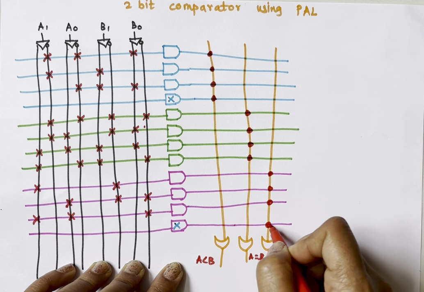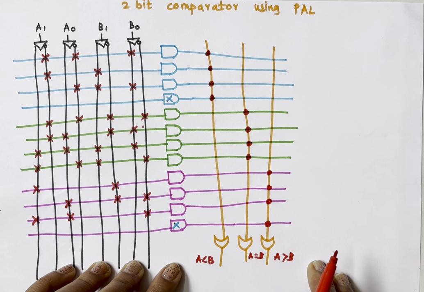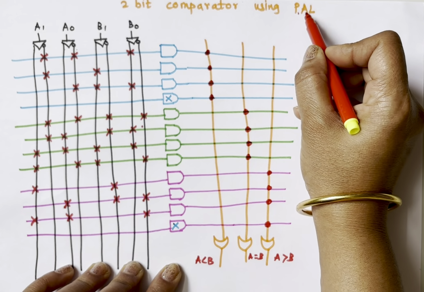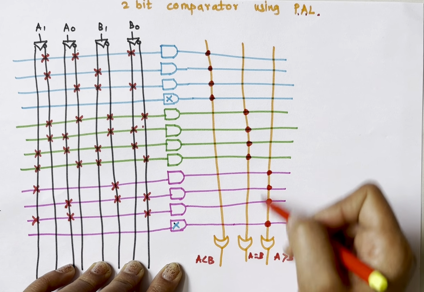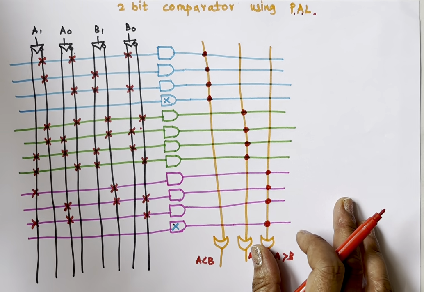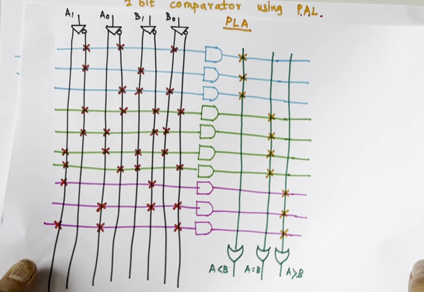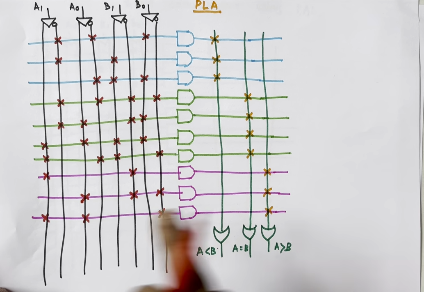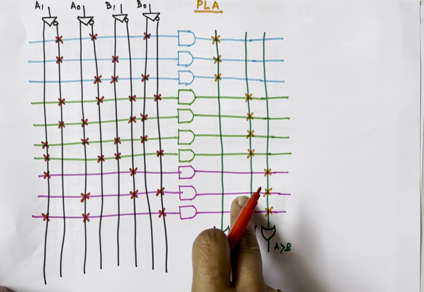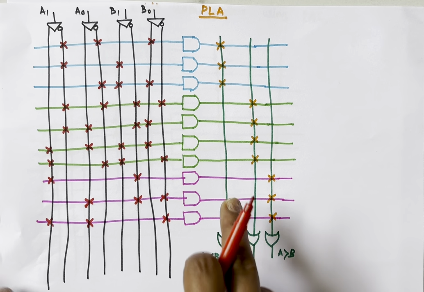So this is the implementation of a 2-bit comparator using programmable array logic, where AND gates are programmable and OR gates are fixed. Then this is the implementation of a 2-bit comparator using PLA, where both AND and OR matrices are programmable.